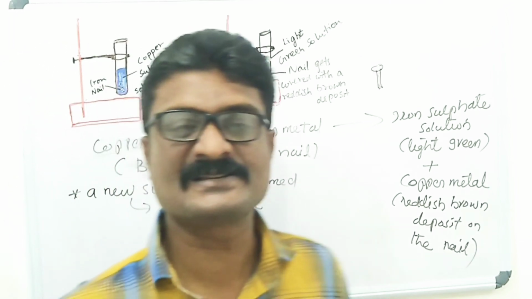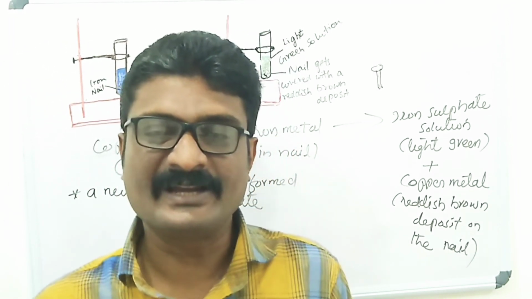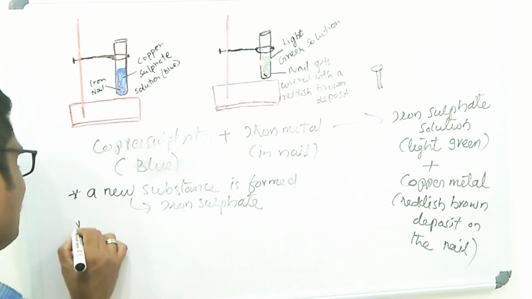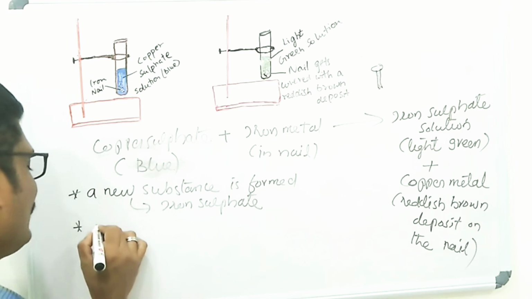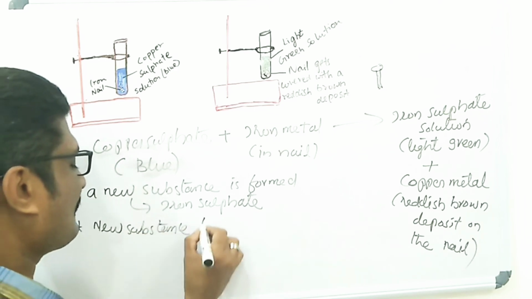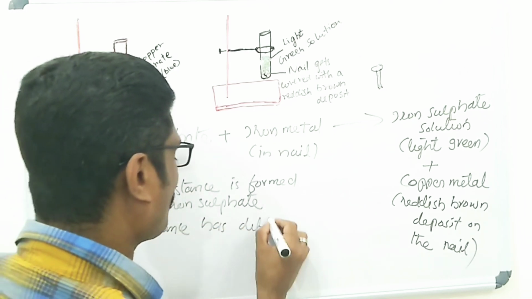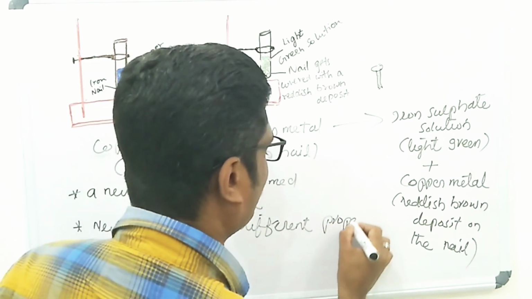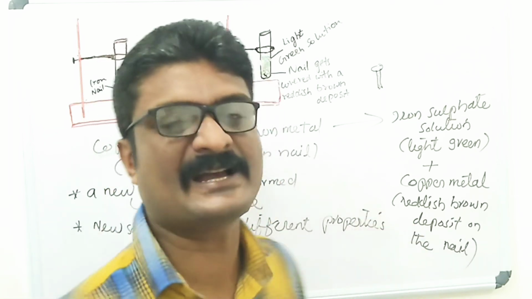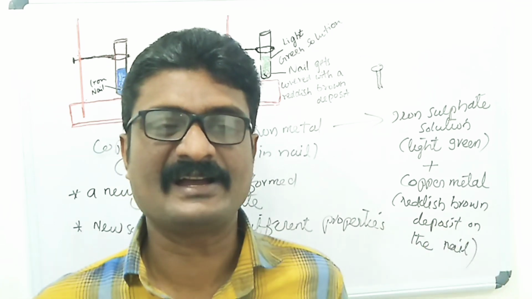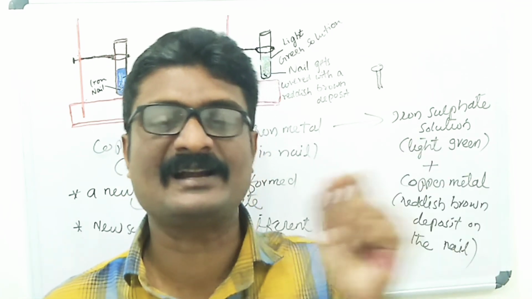And the next point, this new substance, iron sulfate, has different properties. Iron sulfate has a light green color.